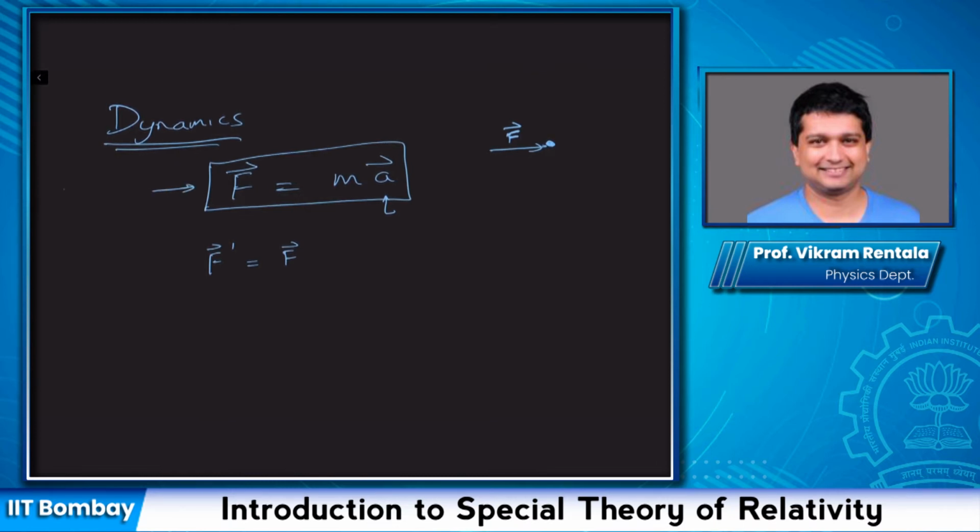So let's assume that this is the law that observer 1 learns about by doing experiments.